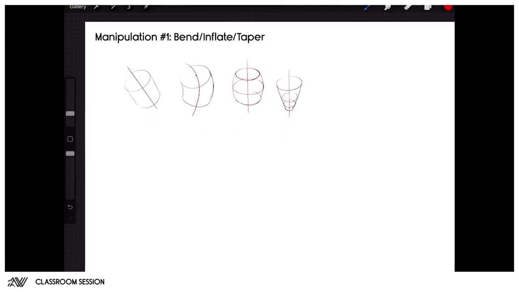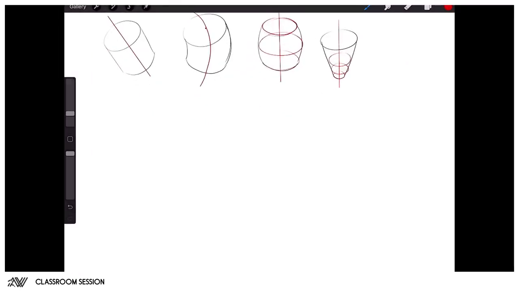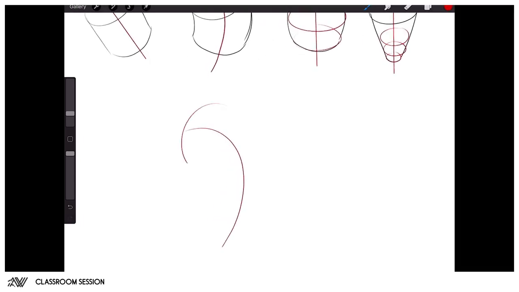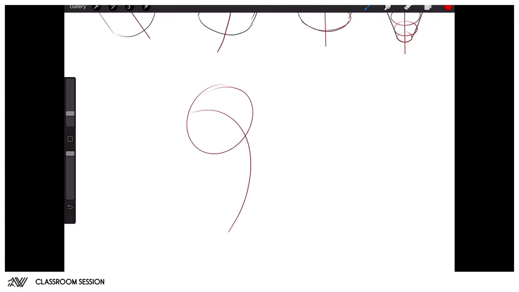And so now it becomes an exercise of combining those manipulations, right? So if we, for instance, have a tapered bent cylinder, what we can think about is our bent minor axis, and then our first contour, and then maybe a smaller contour, like this, and an even smaller one.